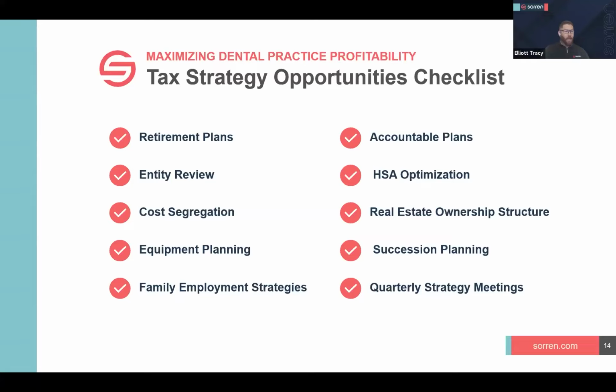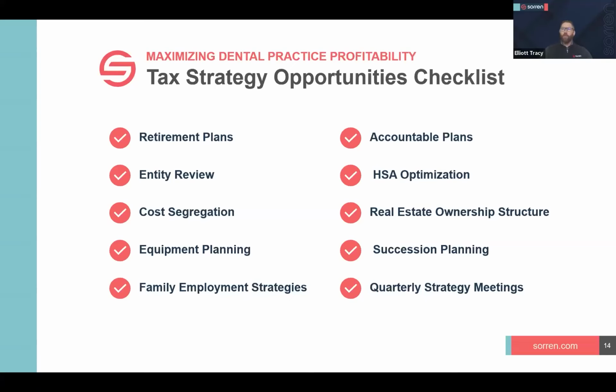Quarterly strategic planning meetings, and I'm not overemphasizing this. The best practices are doing this. All of these things on this list, they are doing them, with maybe an exception to a few that they don't do because it's not the right fit. That's fine. But doing quarterly planning, I think, is extremely important.